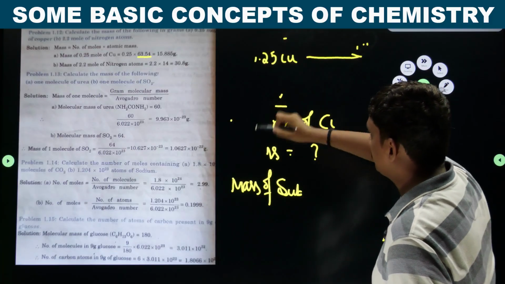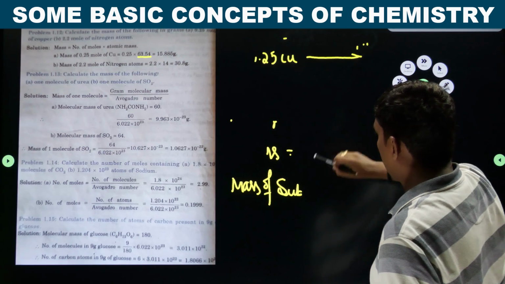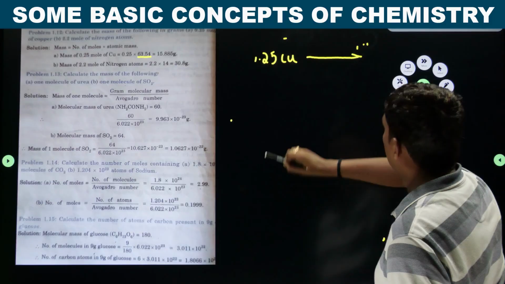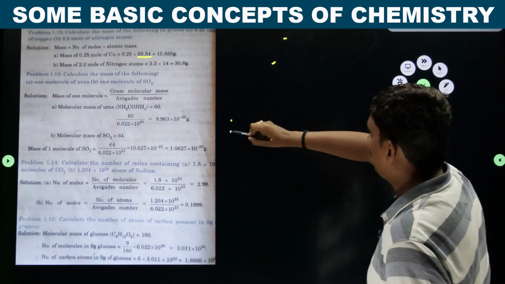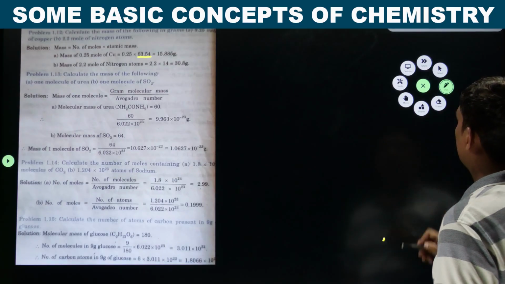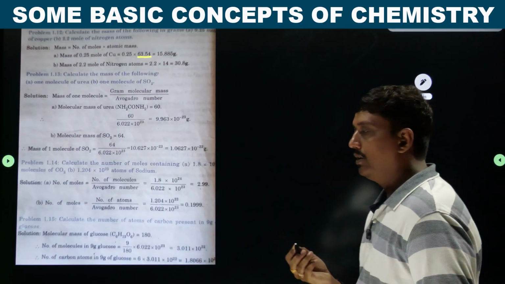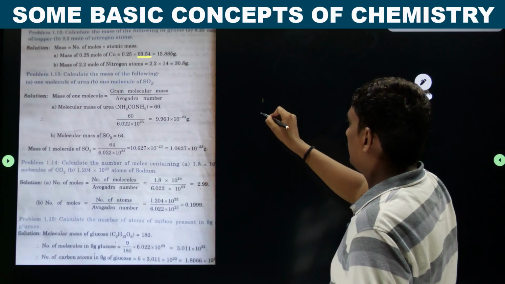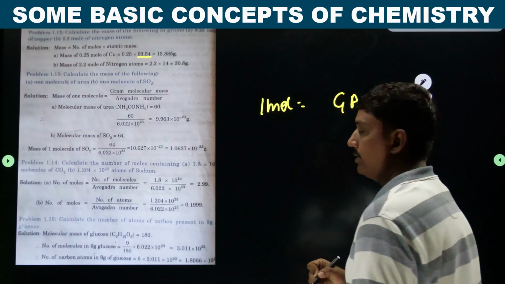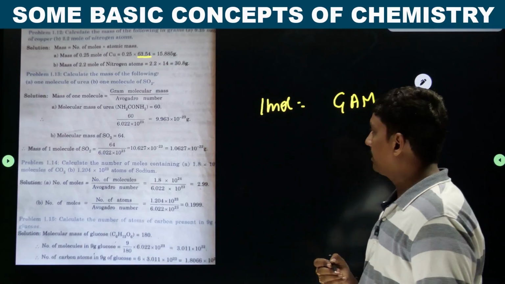Easy method. If you have forgotten that formula, easily we can calculate by using a standard method. Look here. 1 mole is equal to gram atomic mass.